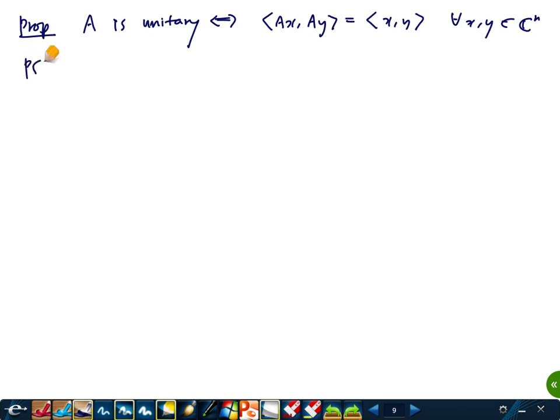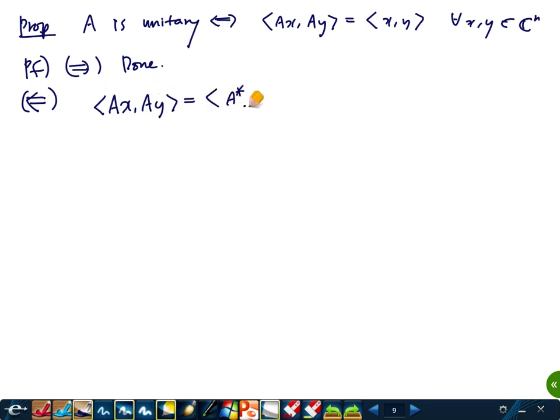Let's see a proof. This direction we have already done. The next: the inner product of Ax and Ay, we can move A to the other side, and get A star A x, y.